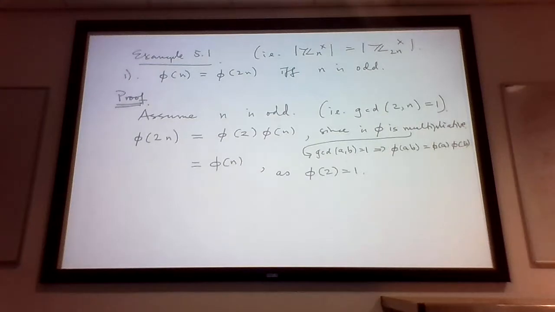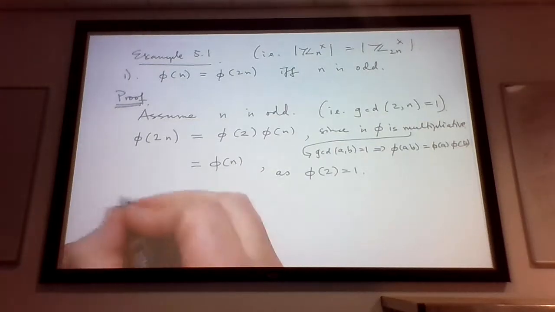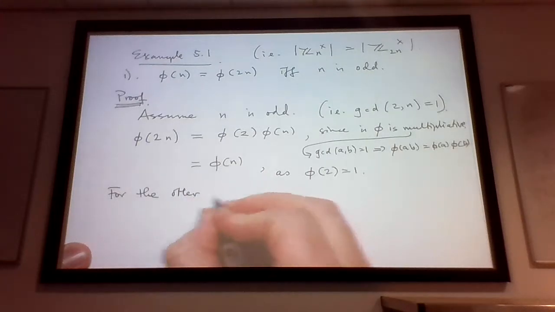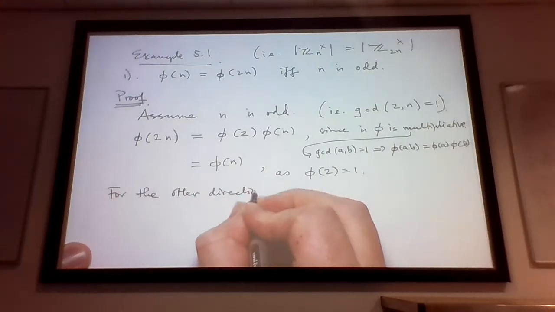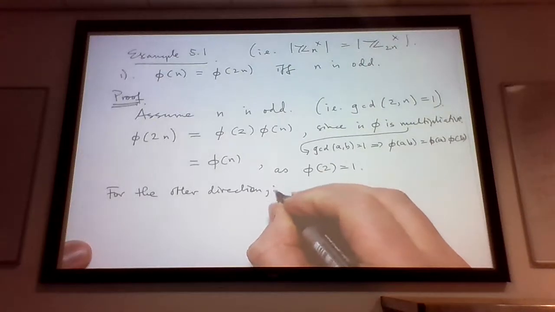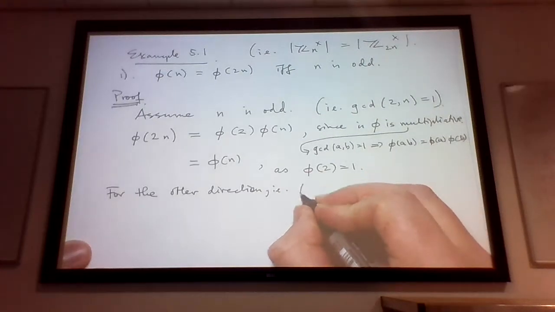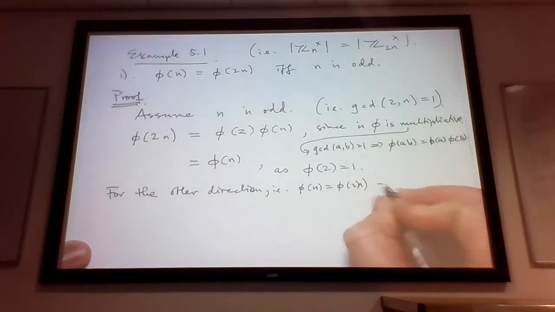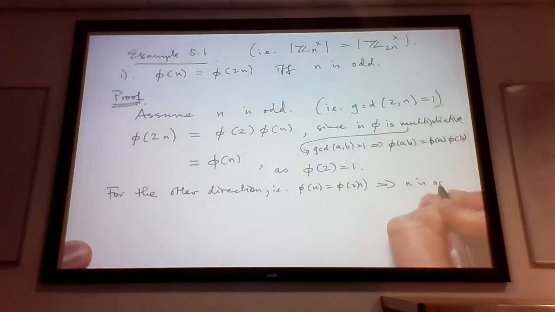So what about the other direction? So for the other direction, i.e. 5n equals 5 2n, but this implies that n is odd.